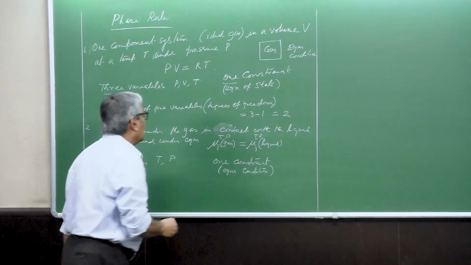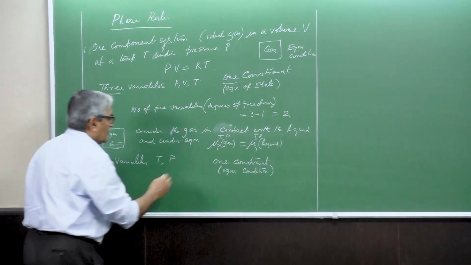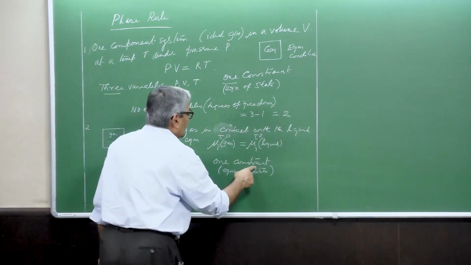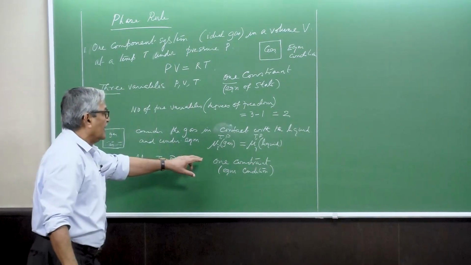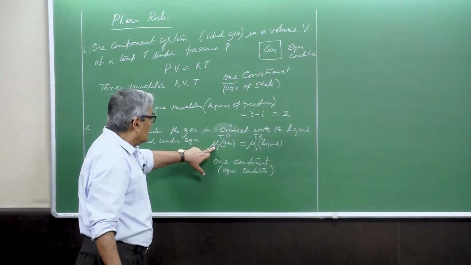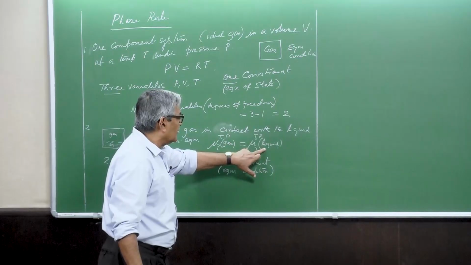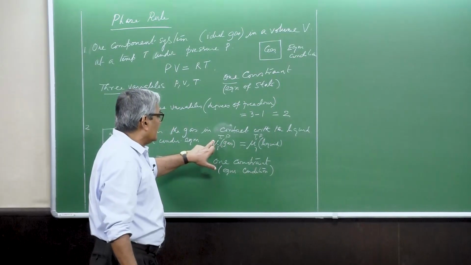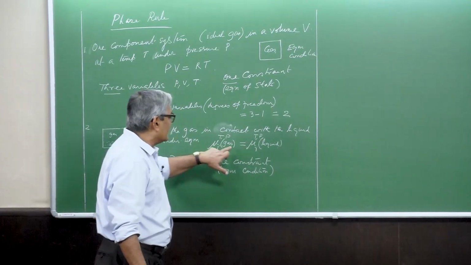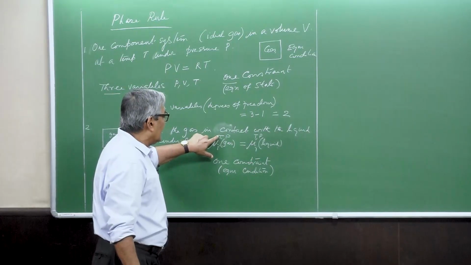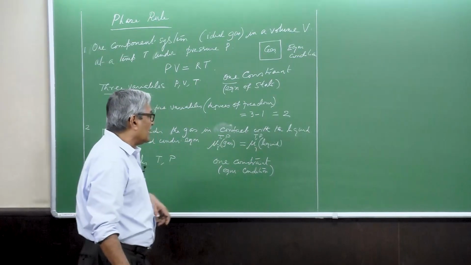This equilibrium condition gives me another constraint. If mu for the gas is a function of T and P, and mu for the liquid is a function of T and P, then this automatically fixes that if I fix my temperature, P is automatically fixed.